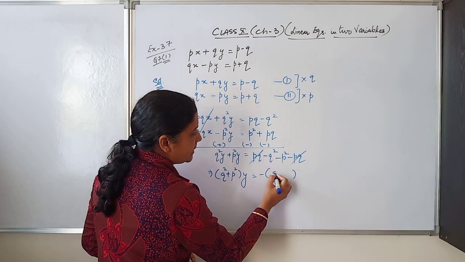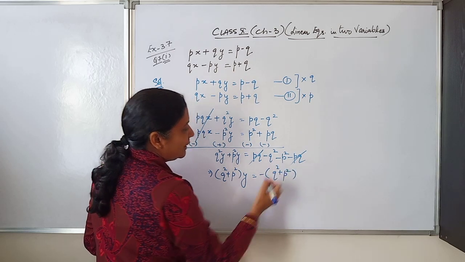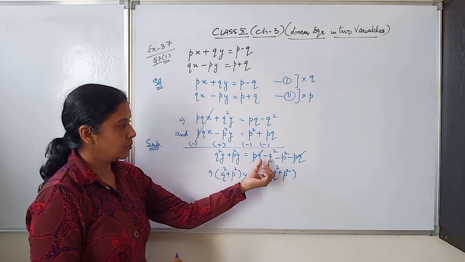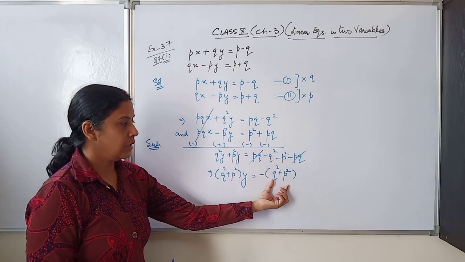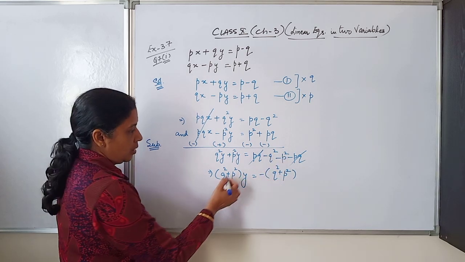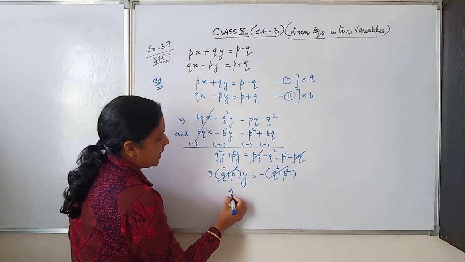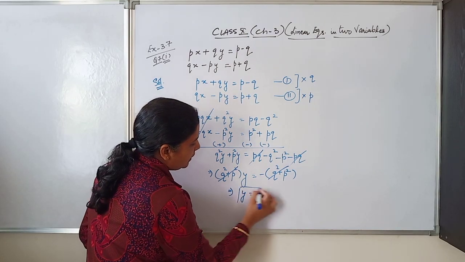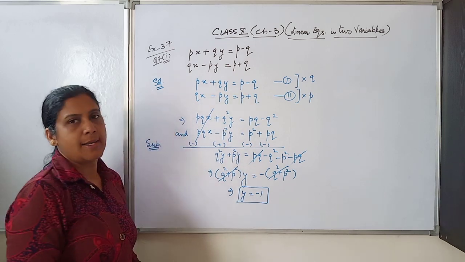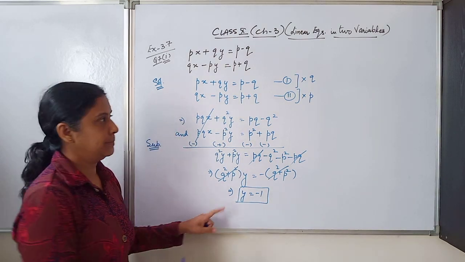On the right hand side, I have taken a negative common because both the terms remaining are negative. The whole factor q square plus p square is cancelled out, so I have got the value of y as minus 1.